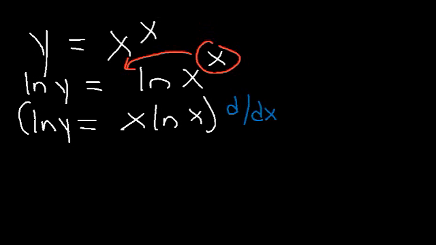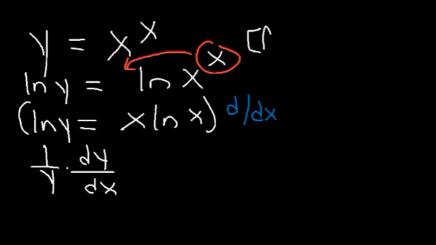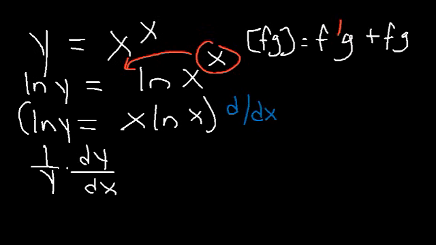So the derivative of ln y is 1 over y times dy dx. Now for x ln x, we have a variable times another variable, or a function times another function, and we need to use the product rule. So the formula for the product rule, f times g is equal to f prime g plus f g prime. So let's say that f is x.